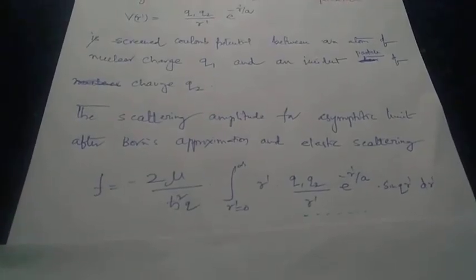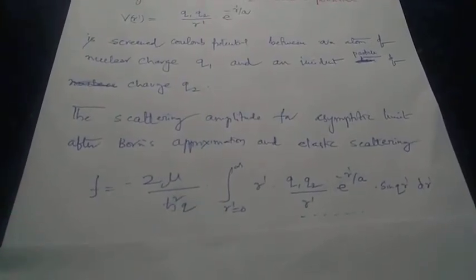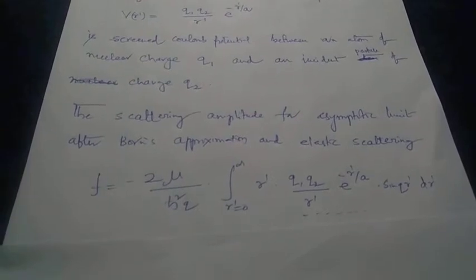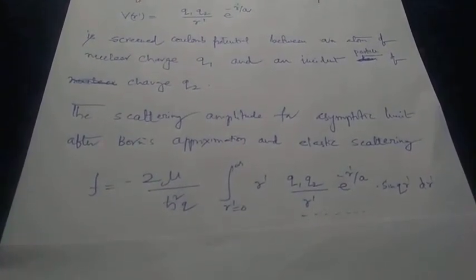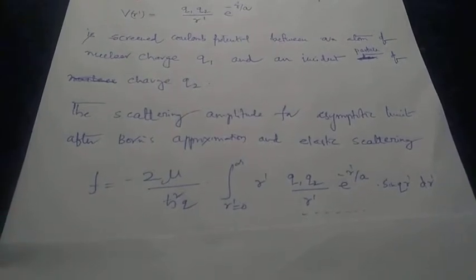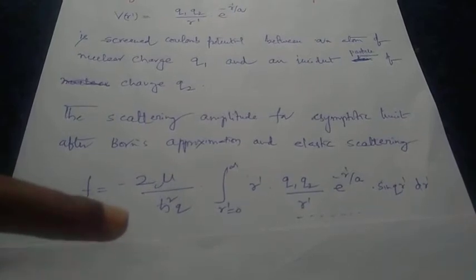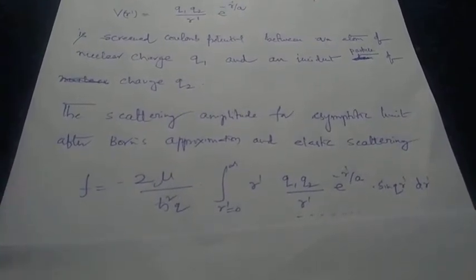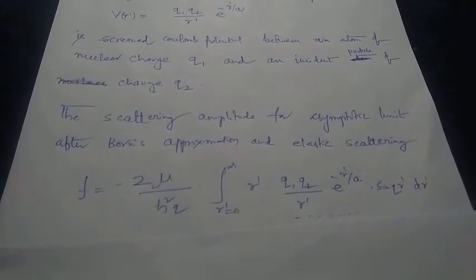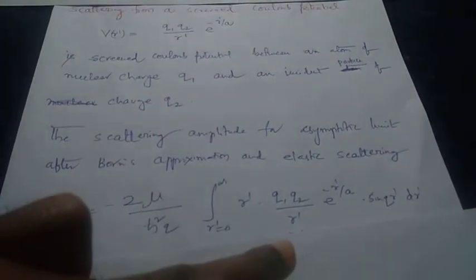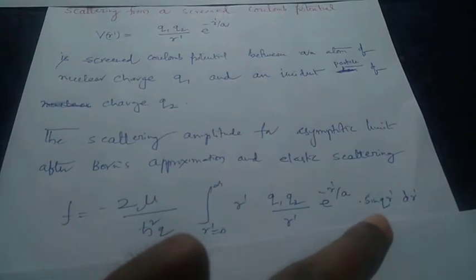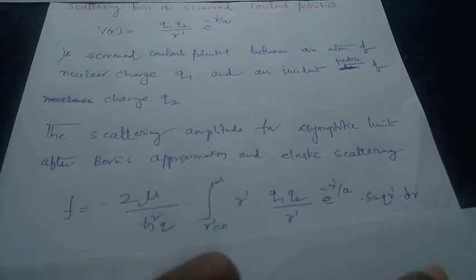The scattering amplitude for the asymptotic region, that's after the Born approximation, and for elastic scattering can be expressed as f = -(2μ/ħ²q) × the integral for r' from the limits 0 to infinity of r' V(r') sin(q r') dr'.